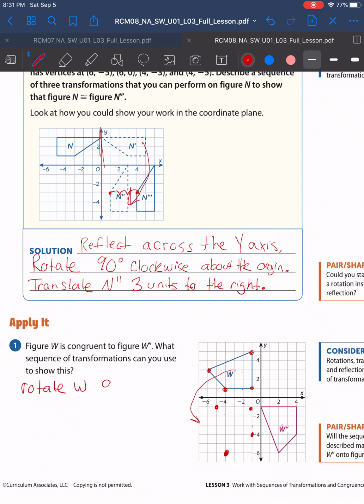Okay. So if I were to rotate W 90 degrees counterclockwise, it would look like this. That'd be W prime. And then we would take W prime and translate it.